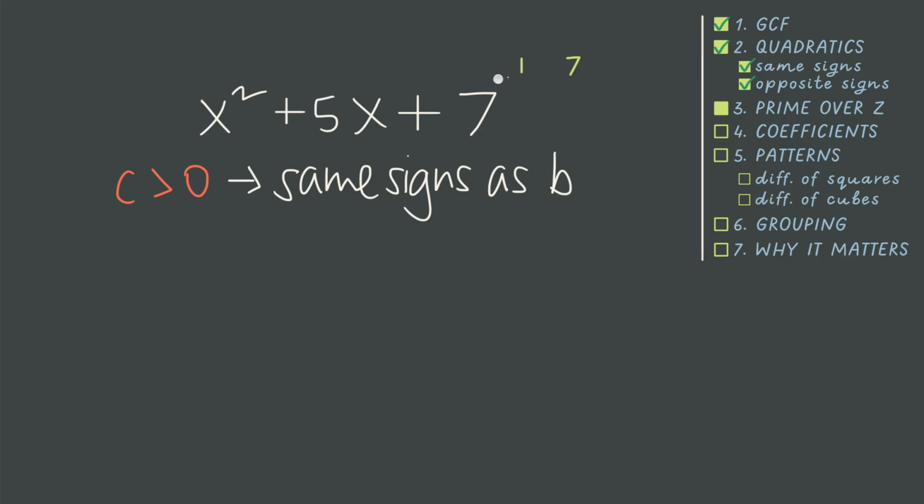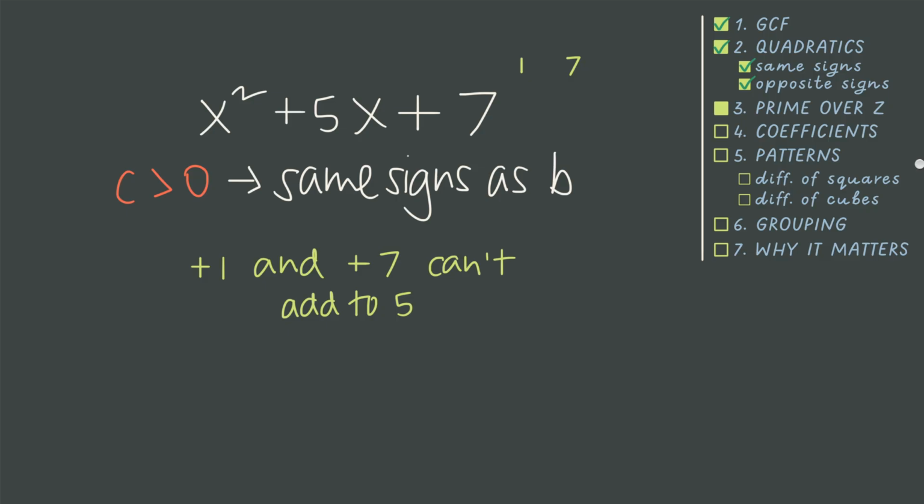So we list the factors of 7. 7's a prime number, so its only factors are 1 and 7. So we think, okay, we have to use this product pair, and they both have to be positive, so we have to use +1 and +7 to sum to 5. But it's impossible to use 1 and 7, both in their positive forms, to add to 5. The only thing they can possibly add to is +8, which doesn't seem to work.